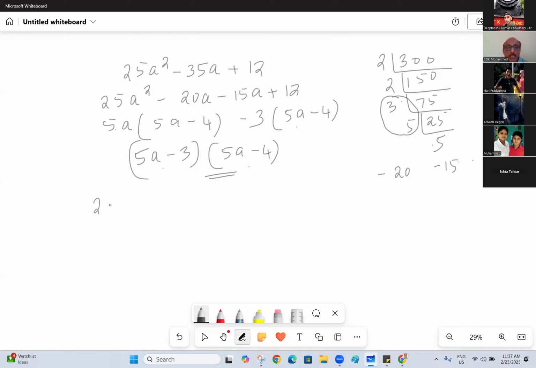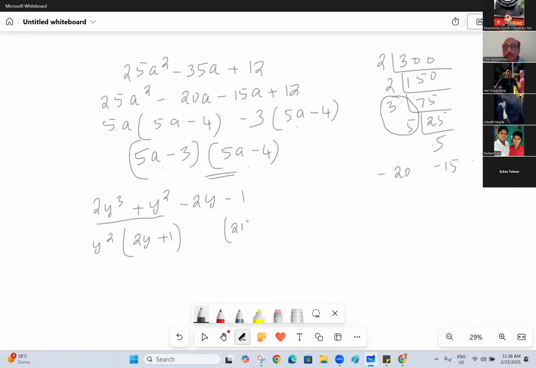2y cube plus y square. Here, when you go to the question, immediately you must be able to do this, because here there is a common factor y square. Y square, 2y plus 1.